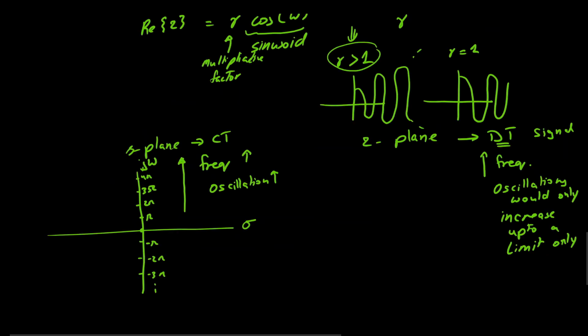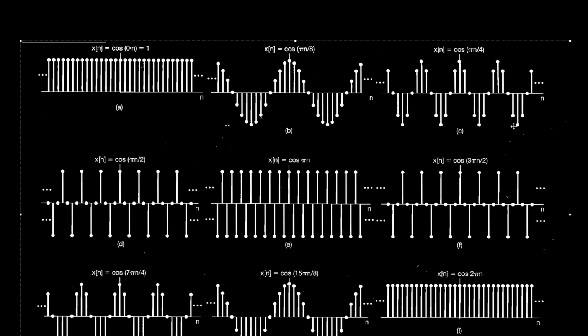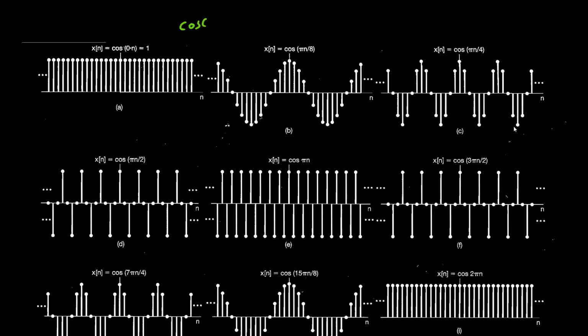Let us demonstrate this point with the help of one example. Over here we have a signal which is cos of omega naught n. In the first plot we are setting omega naught equal to 0. So we simply have cos of 0 n, which is simply 1, and we have just one DC value which is equivalent to 1 throughout.